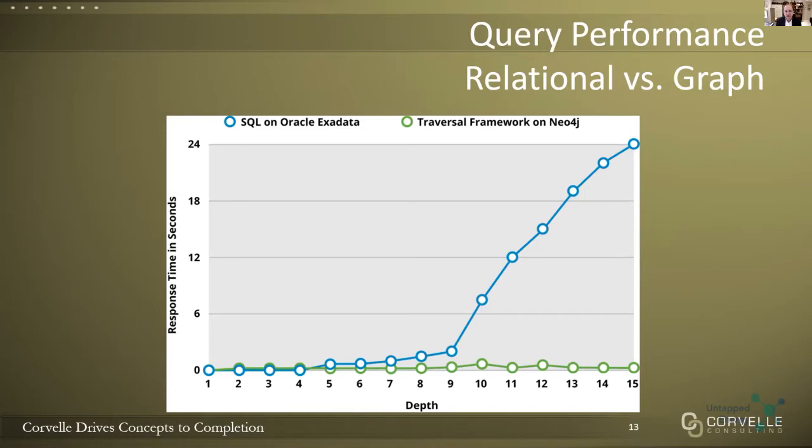Doesn't matter what technology you're using. But if you have 10 joins in your query, then all of a sudden the graph database has a huge advantage over the relational database, and the relational database slows down. So the short answer is no, that's not the number of cores. It's the depth of the relationships on the x-axis.